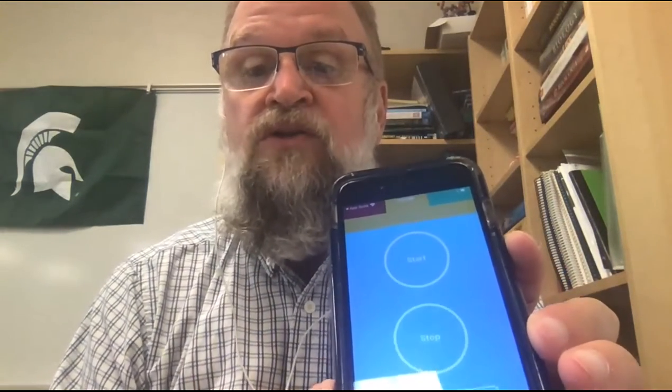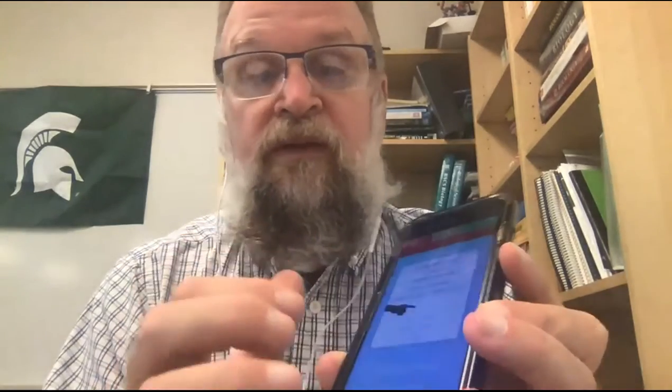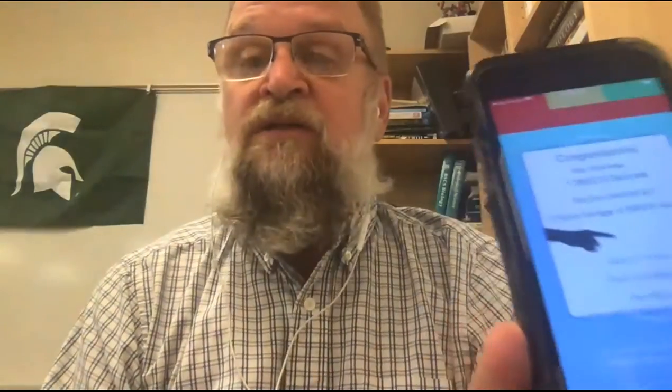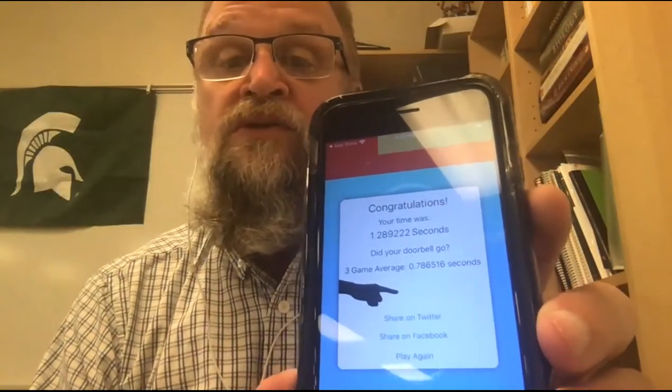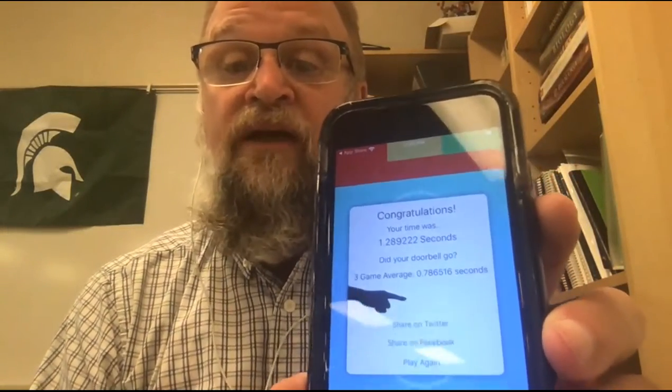As soon as it turns green, you want to hit the stop button. Boom. And then it records the time it took to stop, which my time was terrible that time, 1.2 seconds. And it will give you a 3-game average. So then you just want to play it again and make sure you play it at least 3 times to get the 3-game average. And those you'll record in the data table.